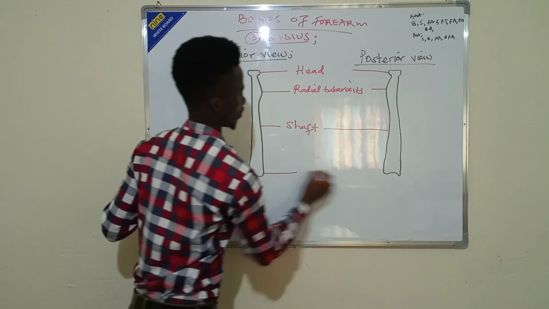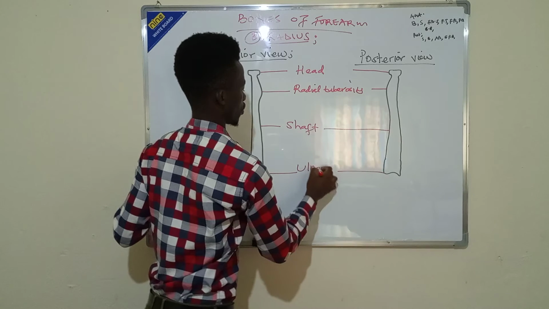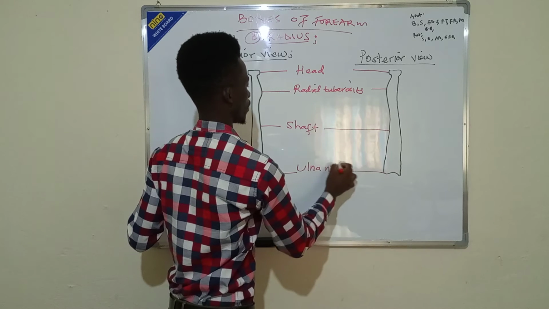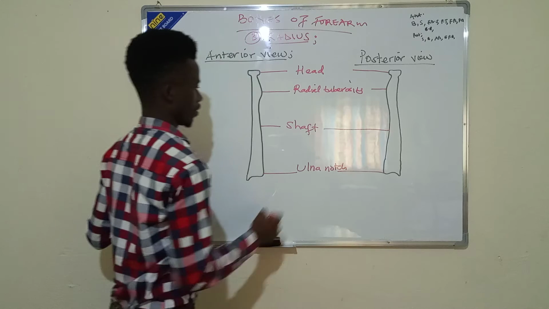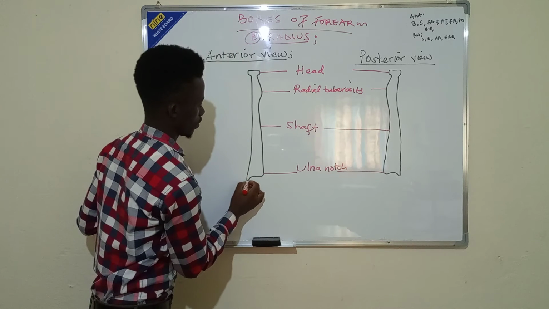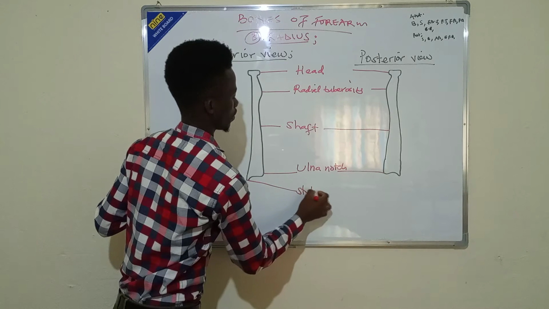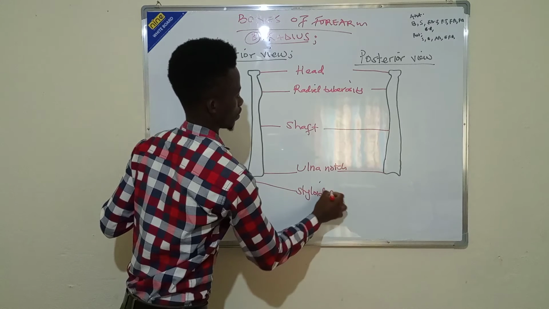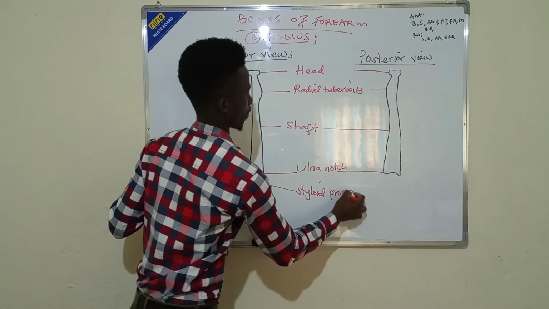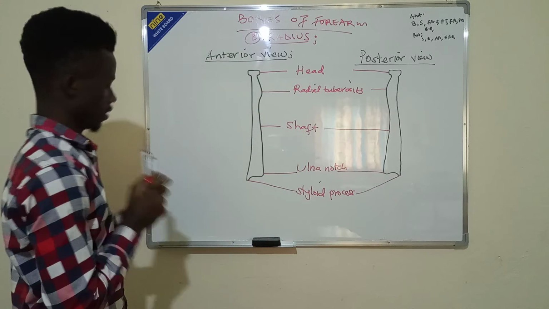Then over here we have what we call the ulnar notch. The ulnar notch provides attachment for the distal end of the ulna. Then here we have the styloid process. Those are the major features.